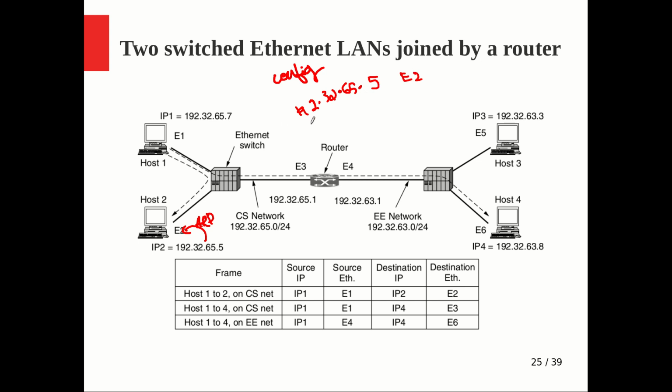Similarly, say another address, 192.32.63.8, corresponds to E6. So like that you can create a configuration file in every machine, and at least this machine could hold the configuration file containing information about everyone inside this particular network.